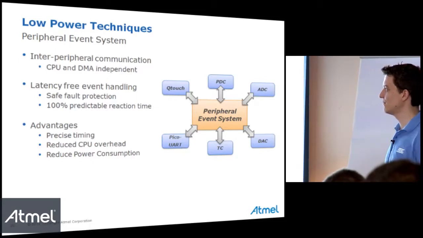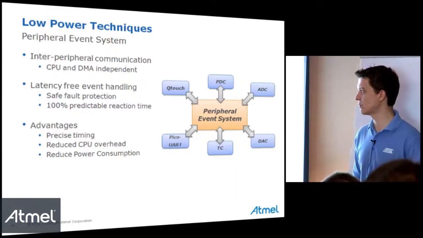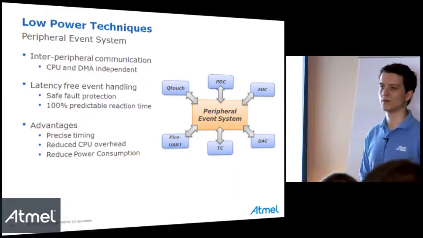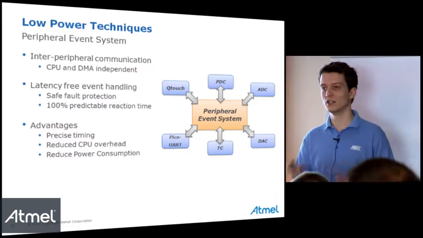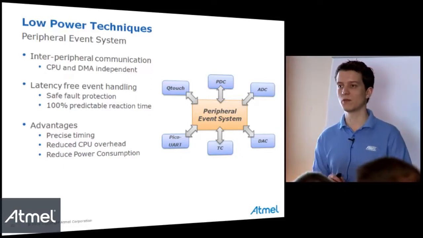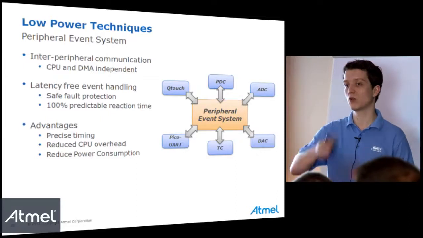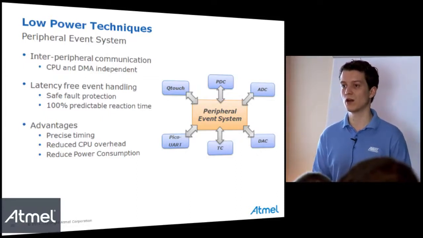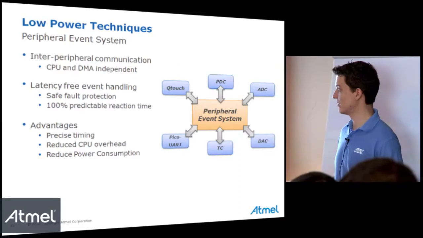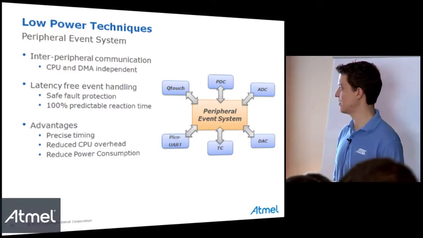So it's latency-free event handling, safe fault protection, and 100% predictable time. As there are no interrupts to send information from peripheral to peripheral, you have no latency, because an interrupt can also be interrupted due to preemption. And this is not the case in this system.